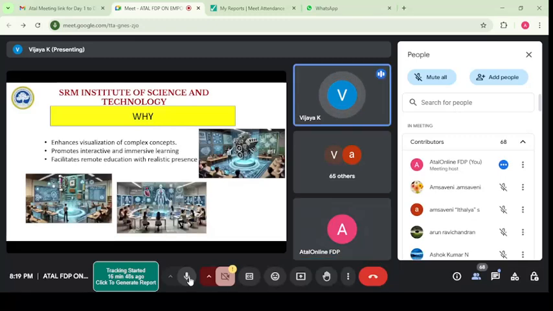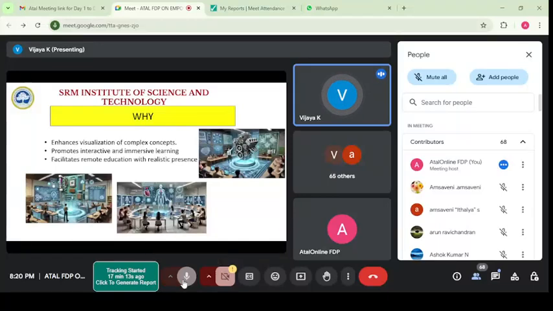Now, when we talk about the benefits, I've just highlighted 4 or 5 benefits. The first benefit would be, as I stated earlier, enhanced visualization.